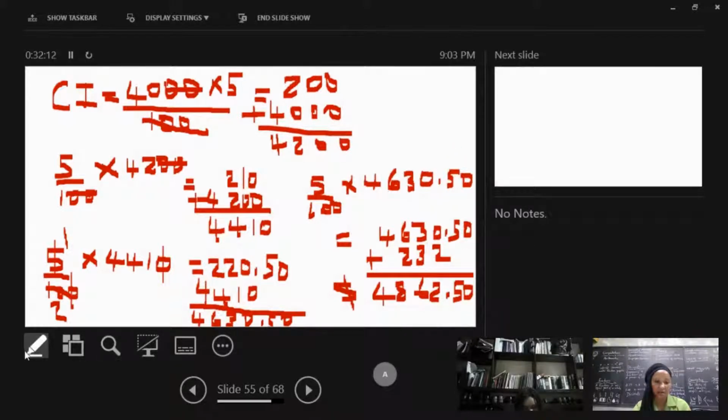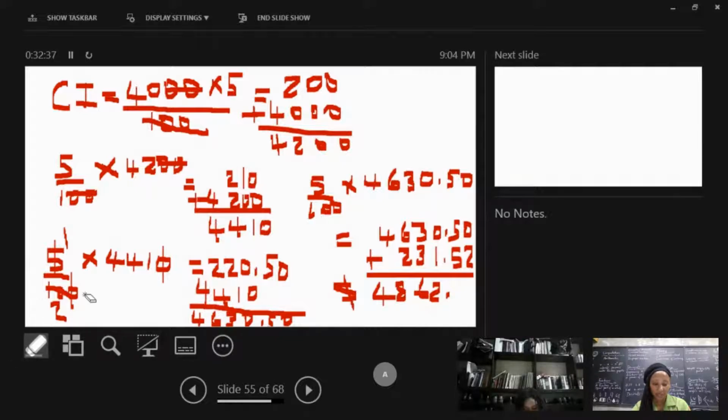It rounded it off. So let me see. Hold on. So that should have been 231.52.